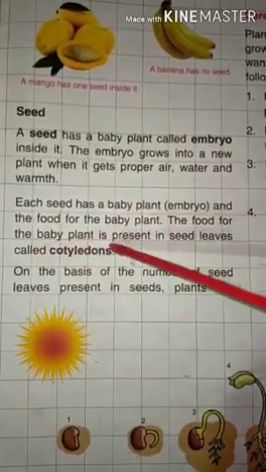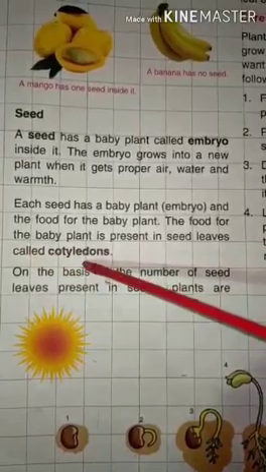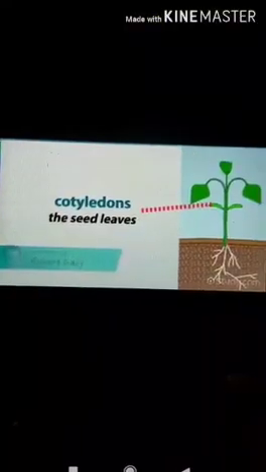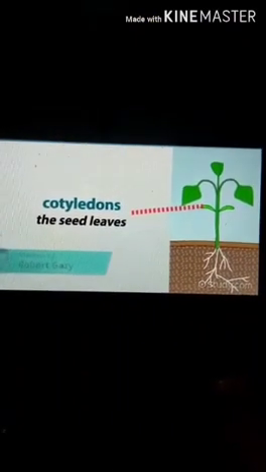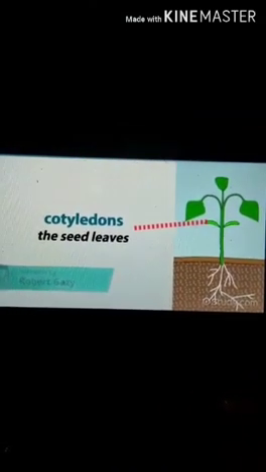The food for the baby plant is present in seed leaves called cotyledon. So what is cotyledon? Cotyledon, the seed leaves. The food present in seed leaves is called cotyledons. Okay.